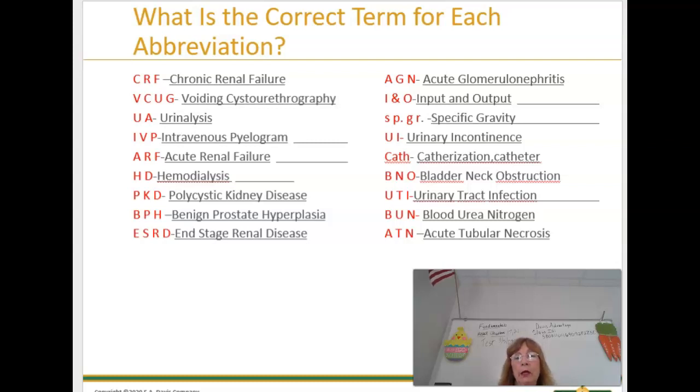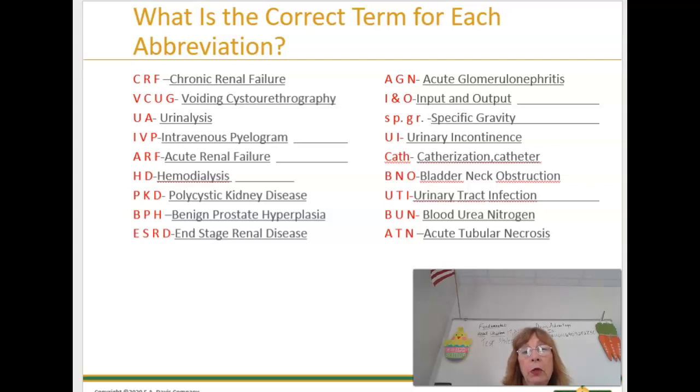The one that we don't see too much of is a VCUG, voiding cystourethrography. It's a study that is showing if there's some sort of obstruction from the bladder down to the urethra going out.